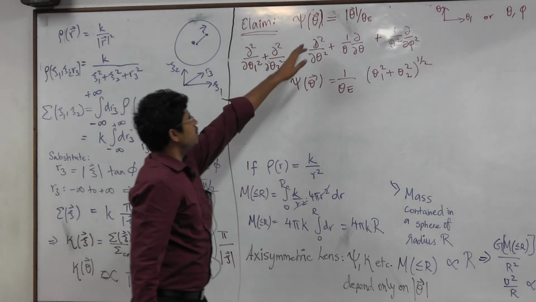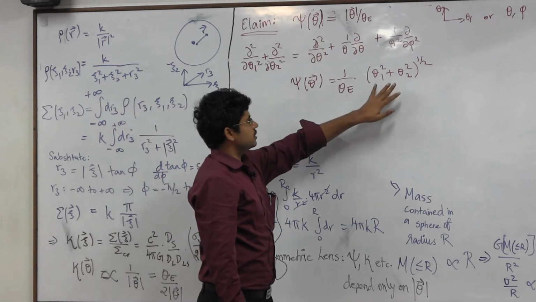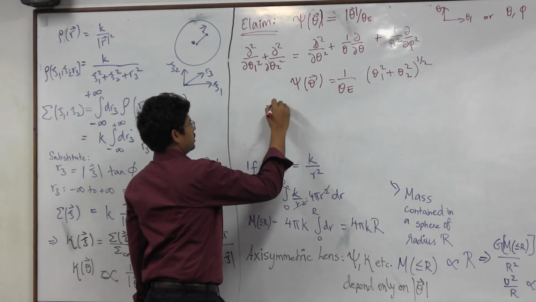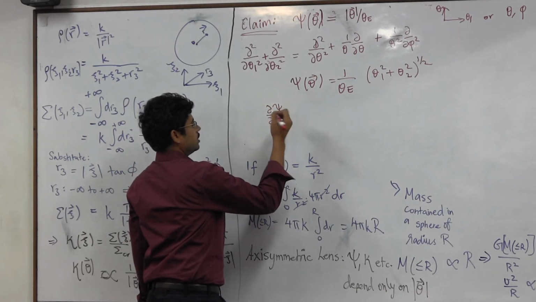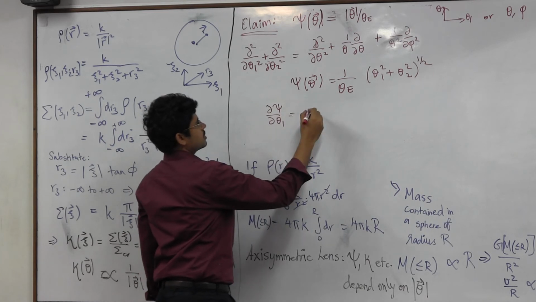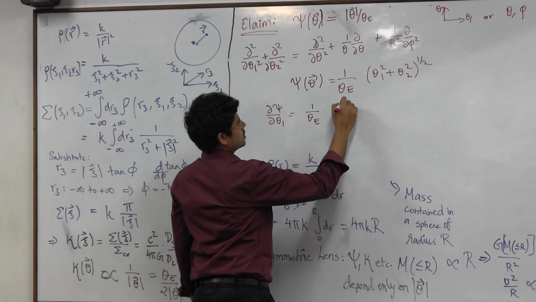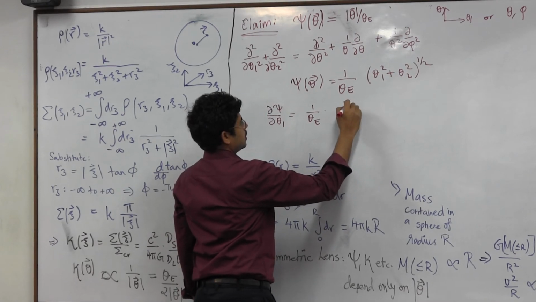So I have just written the magnitude of theta, the vector, in terms of the individual components, and the derivative of psi by theta 1 is, we get, half.